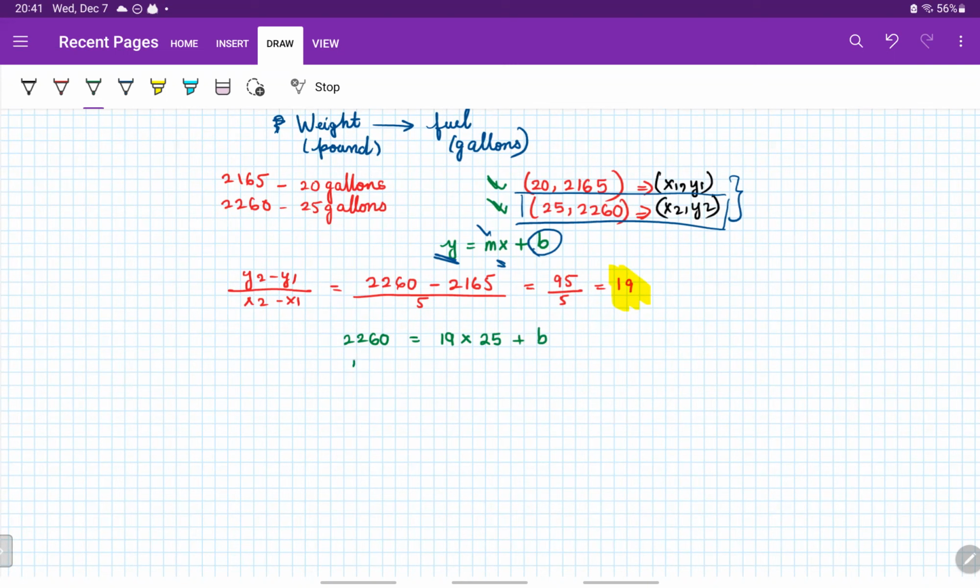I'll write it the other way: 475 plus b equals 2260. 475 here is just 19 times 25. Subtracting 475 on both sides, you get 2260 minus 475, and b is 1785.